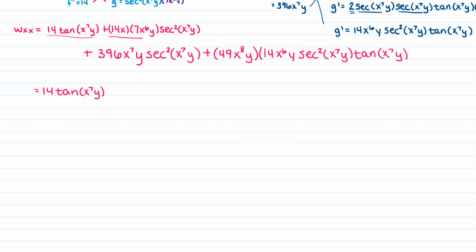Okay, so now this second term, 14 times 7, that was 70 plus 7 times 4, sorry, 28. So 70 plus 28 is 98.